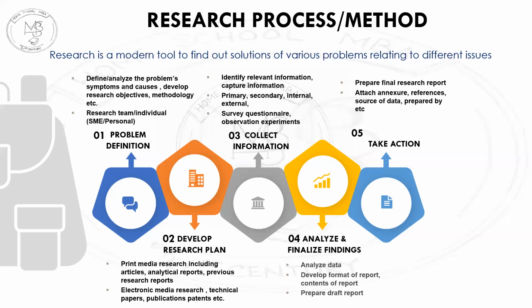You are not studying any methods, but your own personal observations, your company's observations, your company's reports, audit reports, and annual reports, and things like that. Secondary is the print media or the electronic media. And internal, external, again, internal comes under primary and external becomes under secondary. So that we have discussed in step number 2.